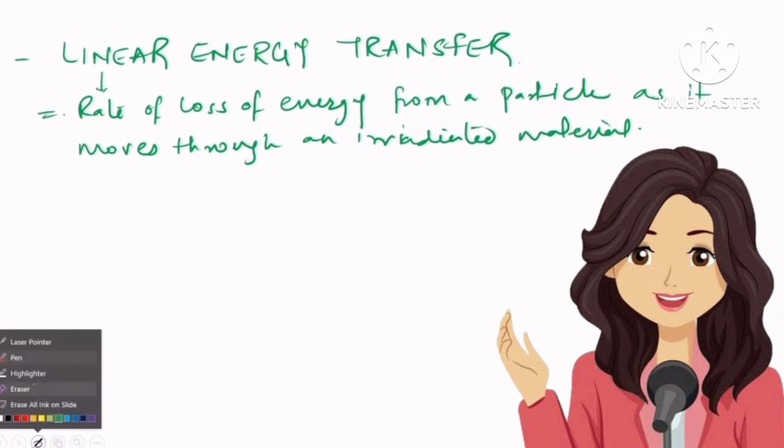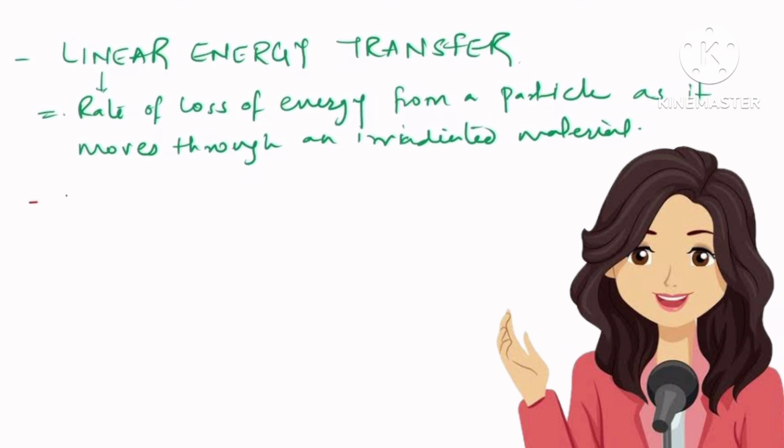Meaning, the capacity of particulate radiation to ionize, say, when you pass it through a tissue, depends on the LET, the linear energy transfer, of that particular radiation.